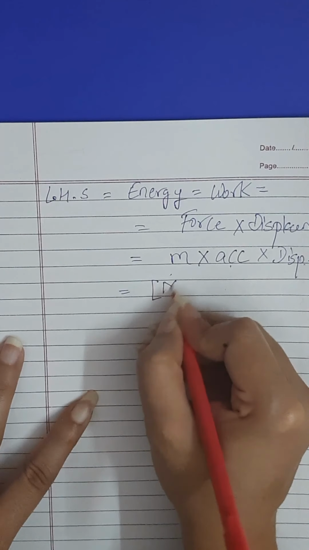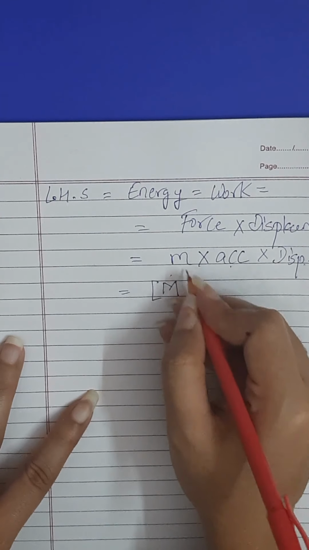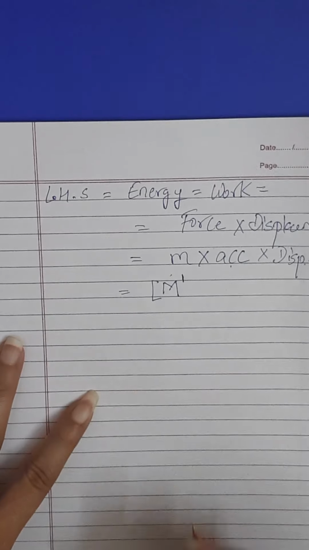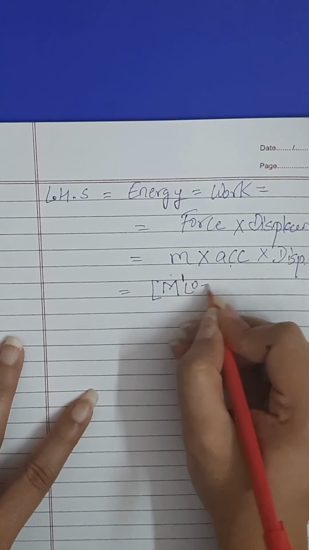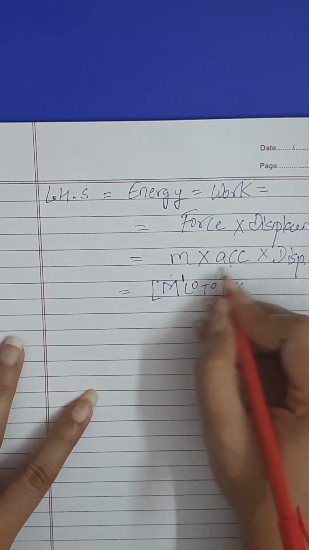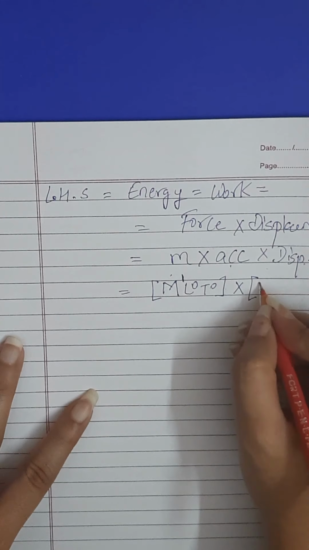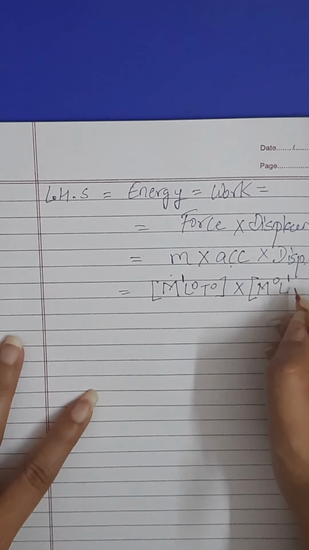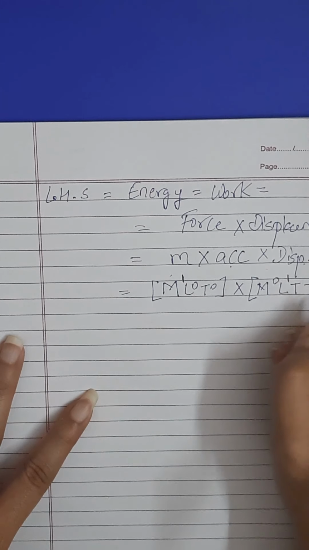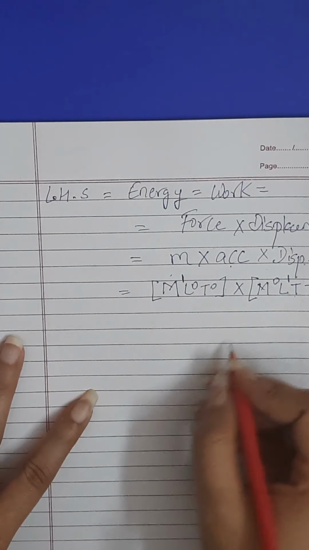Now writing the dimensions of mass, we have M raised to power 1. For acceleration, we have the unit meter per second square. I told you meter means L raised to power 1 per second square, that means T raised to power minus 2.